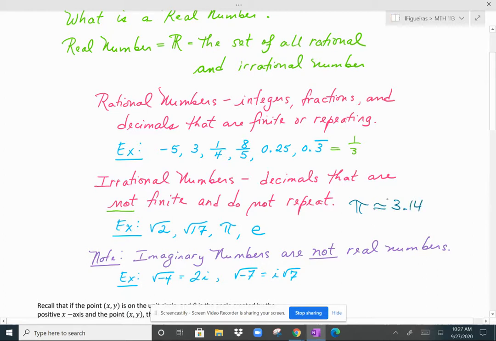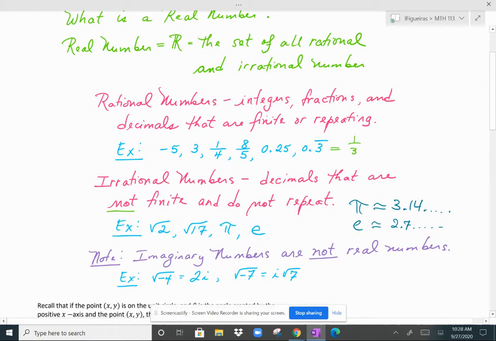So that's what this curly equal sign means, it's about 3.14, but it actually goes on and on forever with different digits to the right of the 4. And e is a similar situation. It's about 2.7, but it actually goes on and on forever. So those are your irrational numbers.